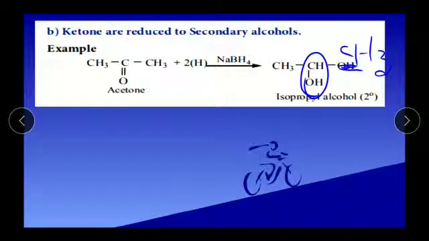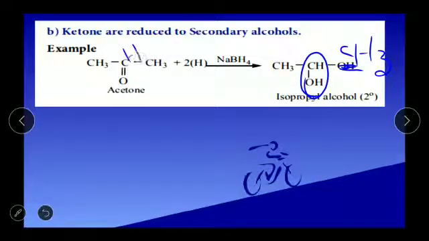Aldehydes give primary alcohol. Ketones are reduced to secondary alcohol. The same way it is happening: CH3, C double bond O, CH3. Here the C double bond O has a cleavage, it gives the OH group, and addition of hydrogen is happening: on the carbon one hydrogen, and on the OH one more hydrogen.